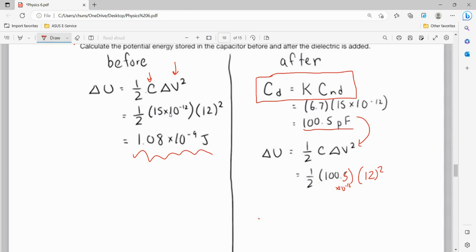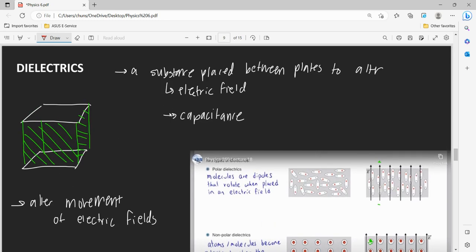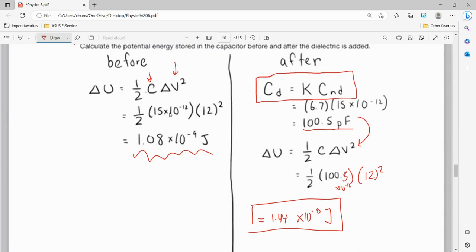And this gives us 1.44 times 10 to the negative 8 joules. So this increased by a factor of 10. So we can change the amount of energy in our system as well with our dielectrics.